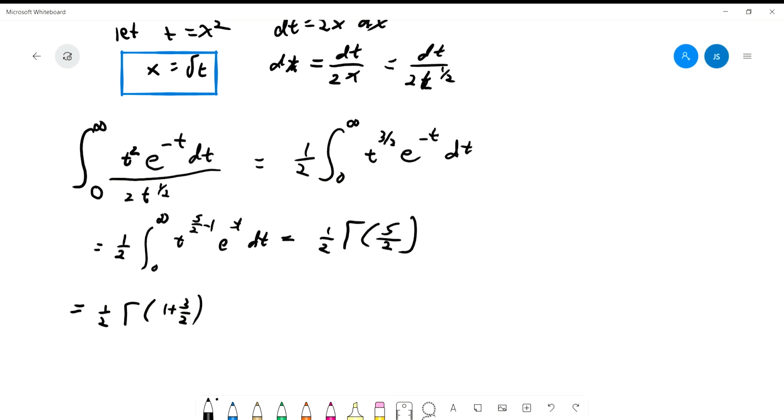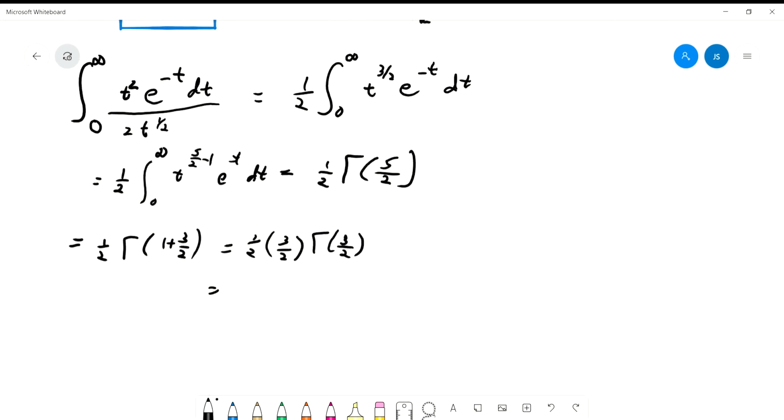So gamma of 1 plus 3/2 is 3/2 gamma of 3/2. And similarly, gamma of 3/2 we can write as gamma of 1 plus 1/2. So that's 1/2 times 3/2 times another 1/2 gamma of 1/2. Since we know gamma of 1/2 is root pi, we can write this whole thing as 3 over 8 times the square root of pi.